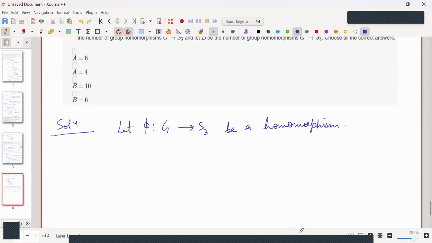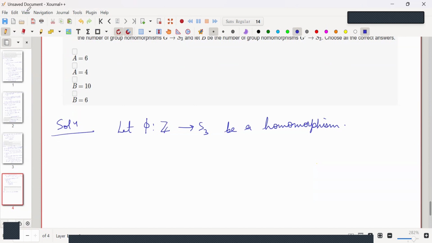So a can either map to identity, or it can map to the 2-cycles or the 3-cycles. But if a maps to any of the 3-cycles, then a to the power 4 should again map to identity. But for any 3-cycle, if I take the 3-cycle to the power 4, I won't get identity. So a can't map to the 3-cycles, which leaves only the order 2 elements. It can either map to identity or any of the order 2 elements, right?